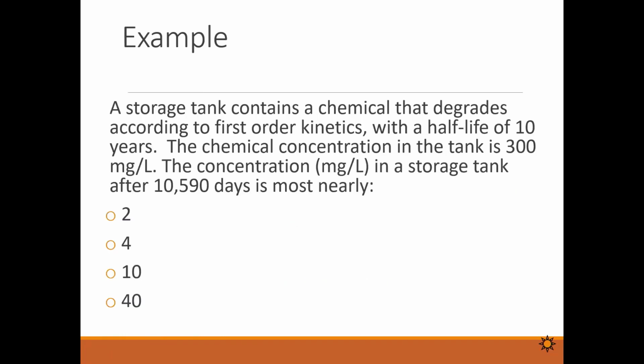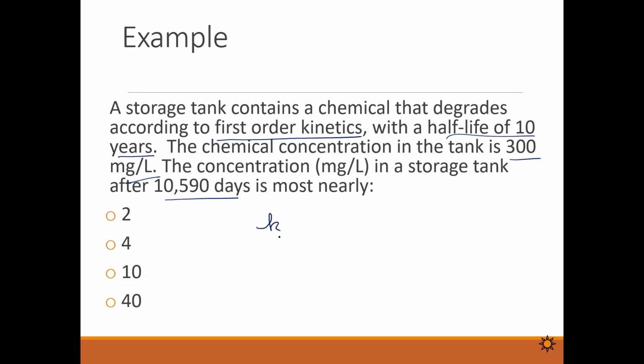We can look at a problem here where we have a storage tank that contains a chemical that degrades according to first order kinetics, and we have a half-life of 10 years. The chemical concentration is 300 milligrams per liter, and you're asked what is the concentration after 1,590 days.